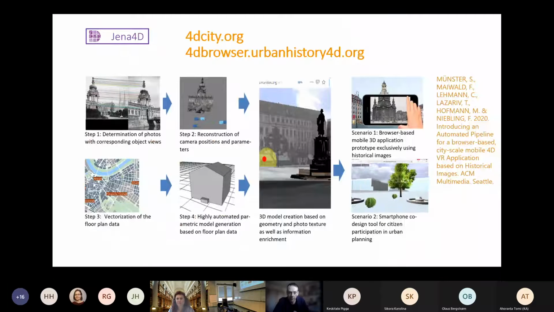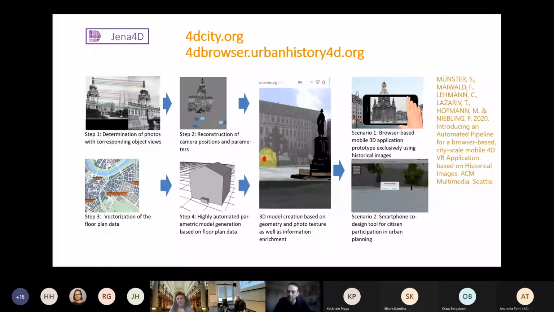We have been working for 7 years on a pipeline which is able to retrieve 3D, or rather 4D, models, meaning three geometric spatial dimensions plus one temporal dimension, from ground plots but also projected textures. Important steps are the use of machine learning technologies, but also visualization technologies to combine this into a 4D impression.